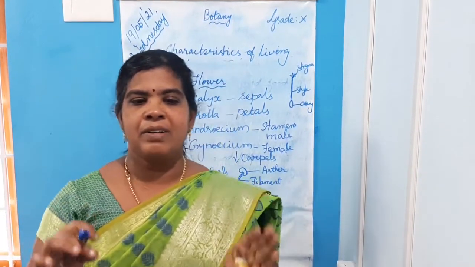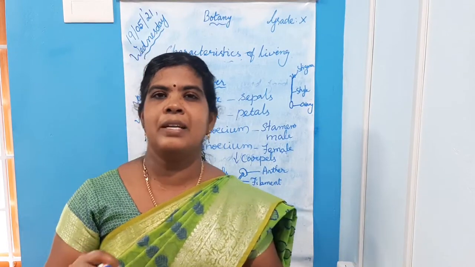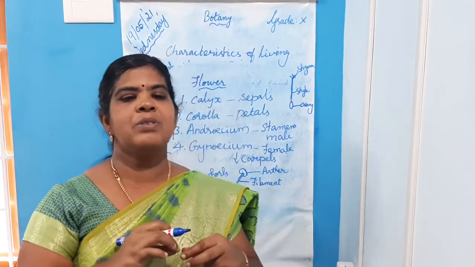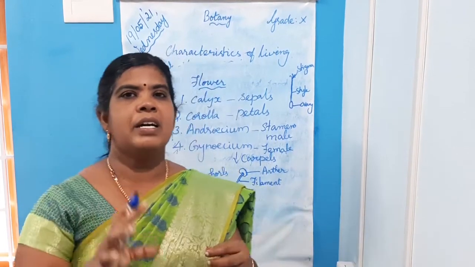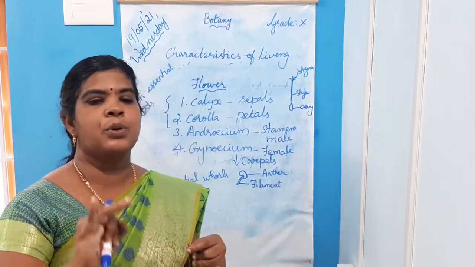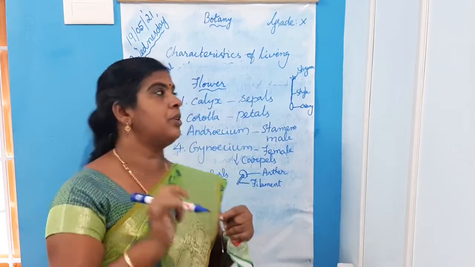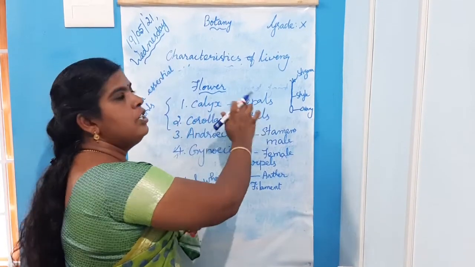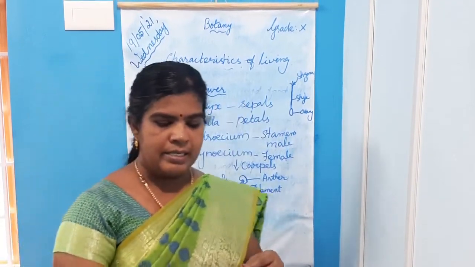So a flower is a modified shoot with limited growth to carry out sexual reproduction. The flower consists of four whorls. What are they? Calyx, corolla, androecium and gynoecium. Calyx consists of individual units called sepals.